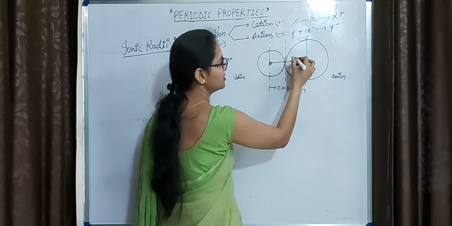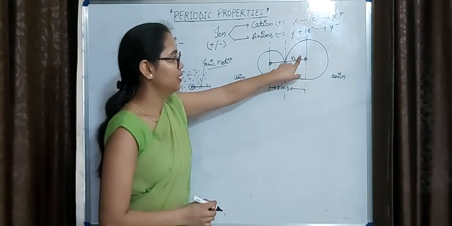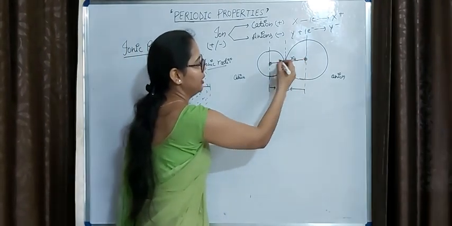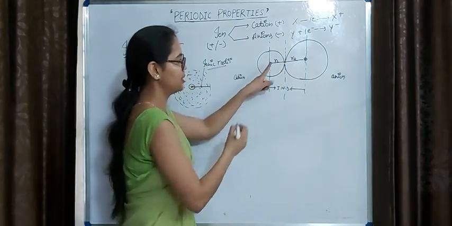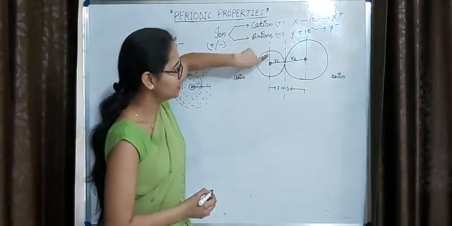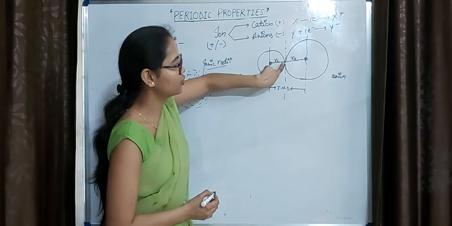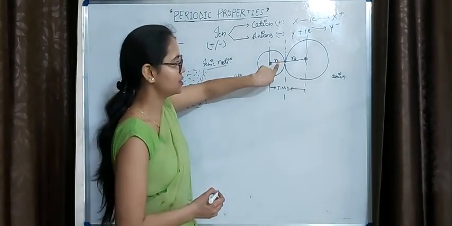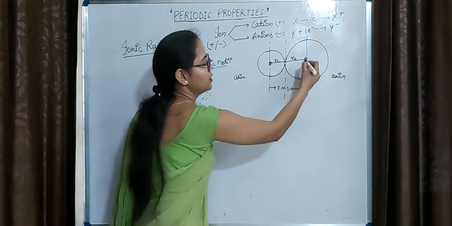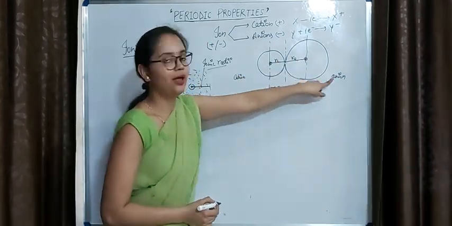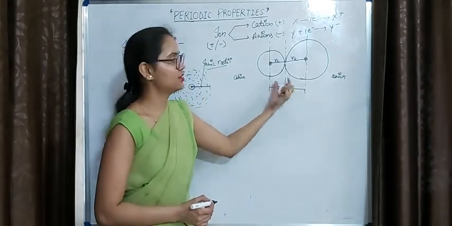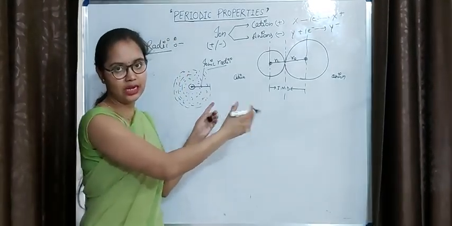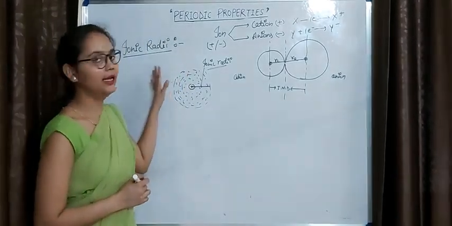This distance represents radius of cation and radius of anion, and this distance represents radius of cation. So the distance between this nucleus and this electron cloud is known as radius of cation, means ionic radii for this ion, and this radius is known as radius of anion. And this is the internuclear distance between these two nuclei. So this method we are using nowadays. So this is about the ionic radii.